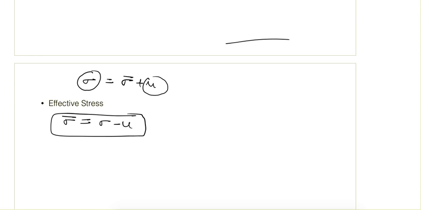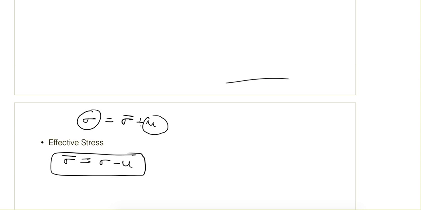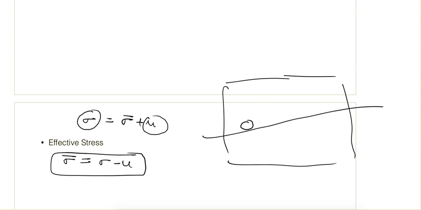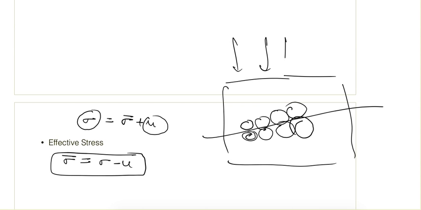So what do we mean by effective stress? Let's say it is a soil like this, and this is the plane we are considering, and these are the soil particles. If some load P is applied from the top, there will be water in these pores.